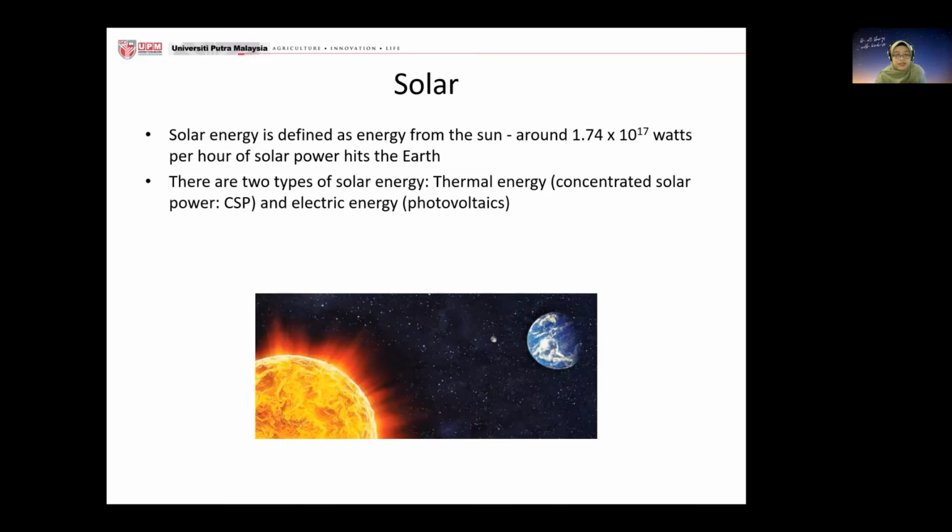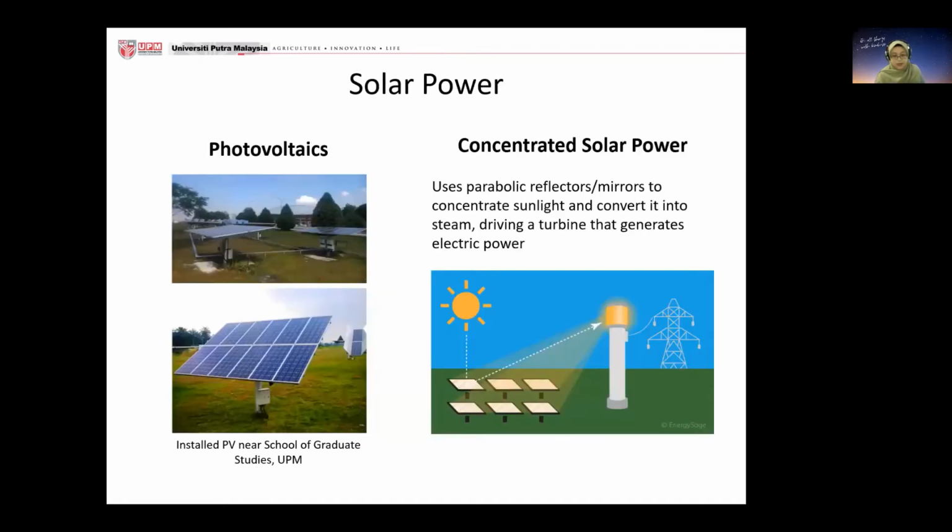I'm sure that the latter one is something more familiar to you, but the first one, thermal energy, is also very much related to solar energy. As mentioned, there are two types, photovoltaics and thermal.